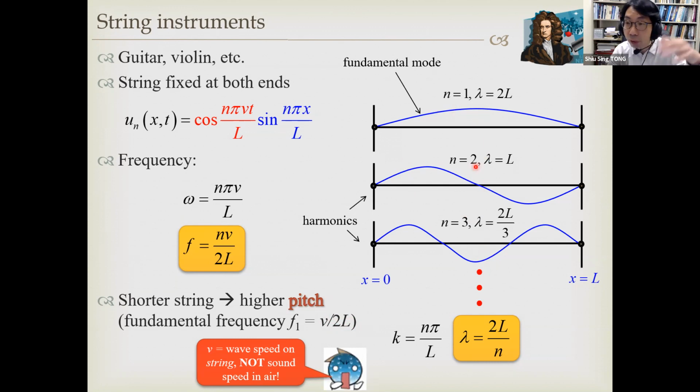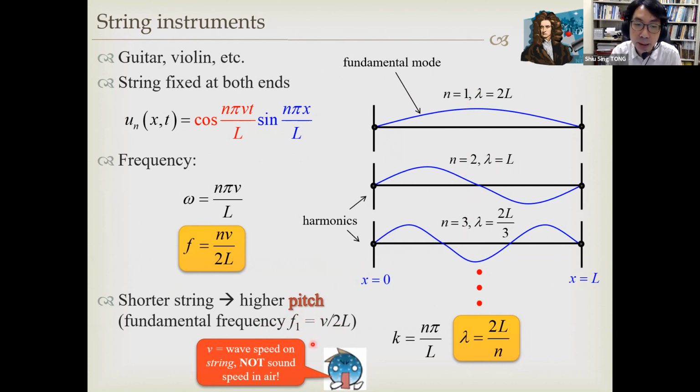There may be several vibration modes simultaneously existing on the string, but the fundamental mode always vibrates with the greatest amplitude, so it dominates over the other harmonics. The harmonics are the higher frequency modes. And so when you vibrate the string, you hear a sound which has a frequency equal to the fundamental frequency, v over 2L. So this is called the fundamental frequency.